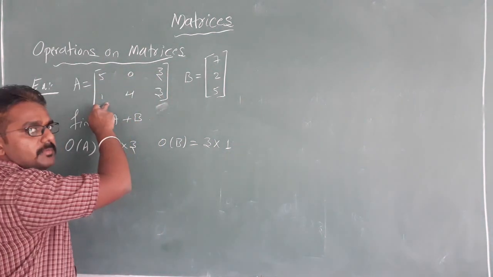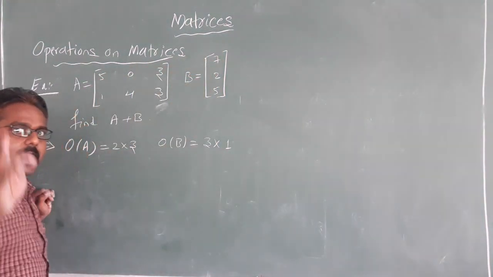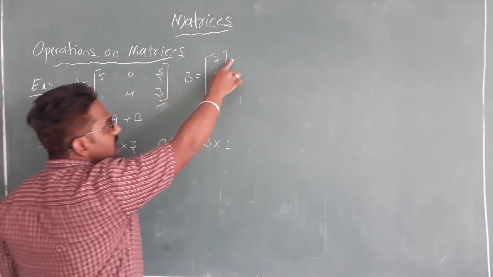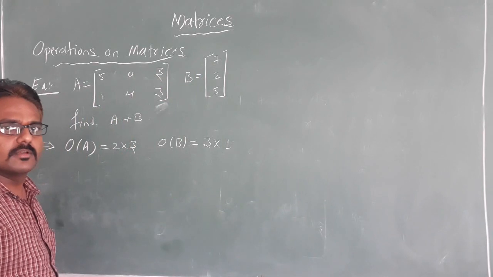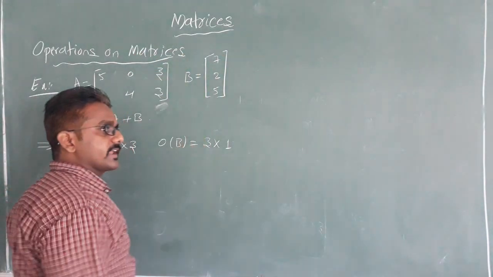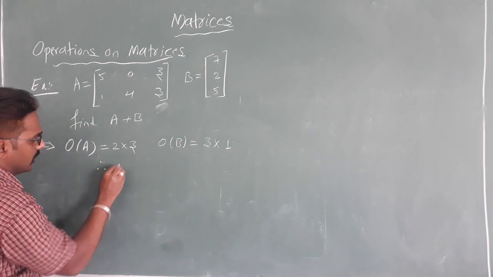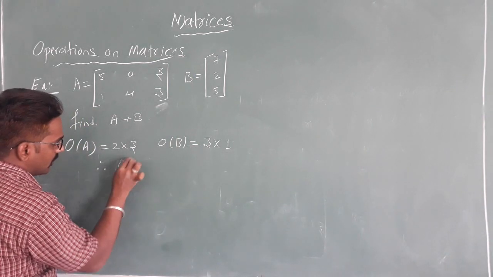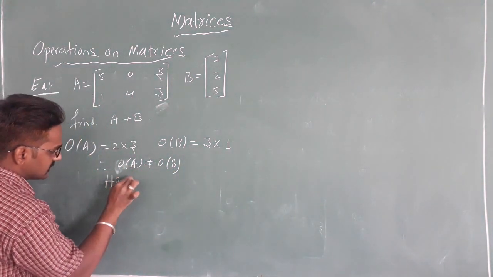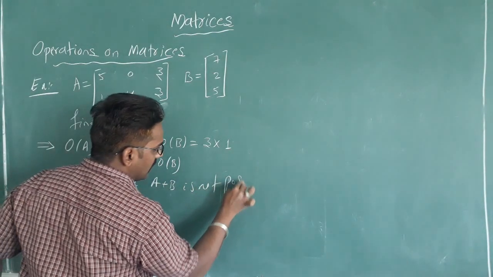First row, first column element of A is 5. First row, first column element of B is 7. So 5 plus 7, we can add the first one. No problem. Next, the first row, second column element of A is 0. But the first row, second column element does not exist in matrix B. Therefore, order of A is not equal to order of B. Hence A plus B is not possible.